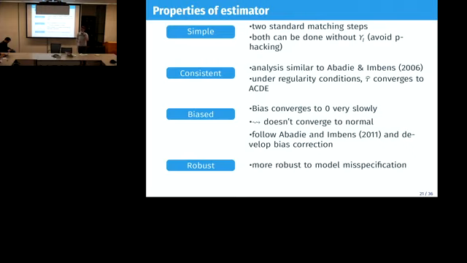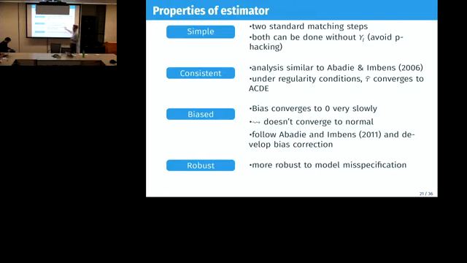Can you talk a little more about the bias and why it does not converge quickly? I'm not going to go deep into why the bias converges slowly, but essentially, if you're taking a fixed number of matches and letting the data grow, there's always going to be matching discrepancy between a particular set of matches. If you never allow the number of matches to grow with the sample size, that fixed amount of matching discrepancy always exists.